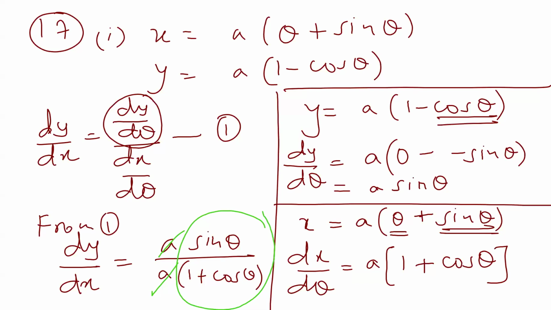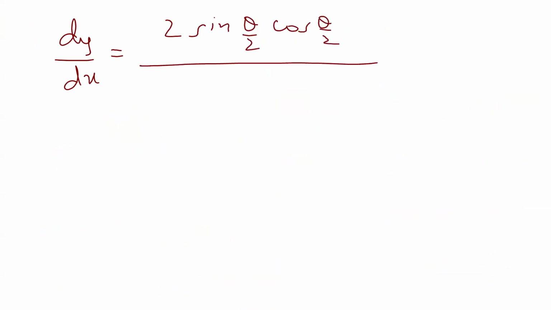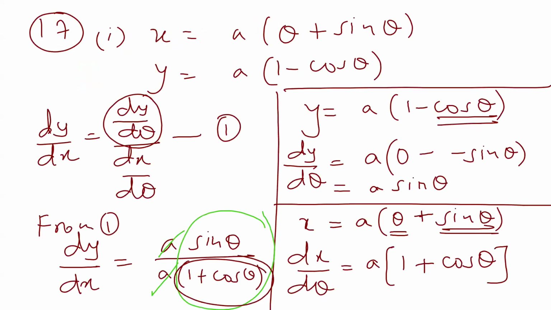So dy by dx is 2 sin theta by 2 cos theta by 2 upon 1 plus cos theta, which is 2 cos square theta by 2, by the half angle formula.